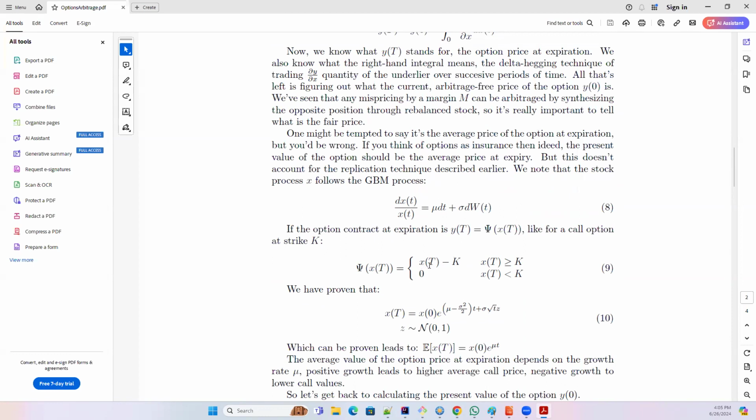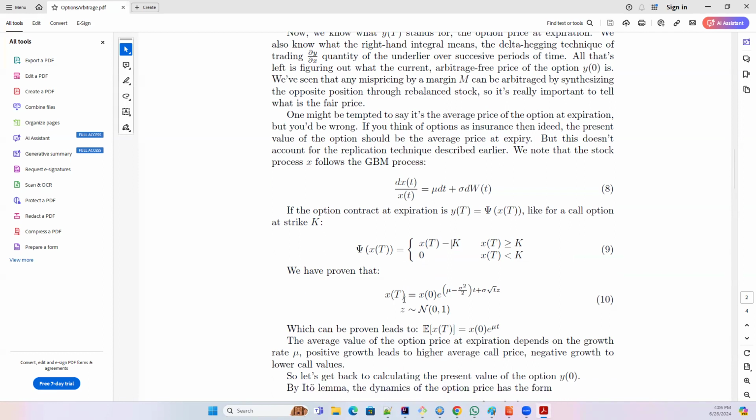After a time t, let's say 1 year, you get the difference between the stock price at that time, which I'm going to call the forward price, and the strike price, if the stock price is higher than the strike for a call option. Otherwise, you get 0.